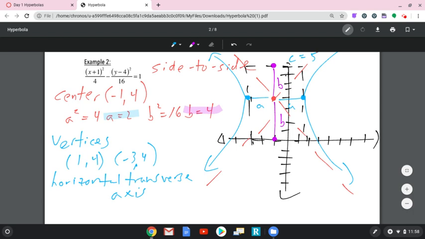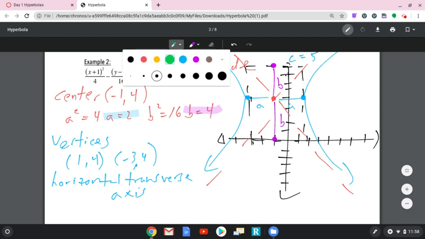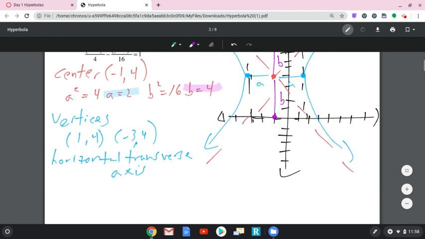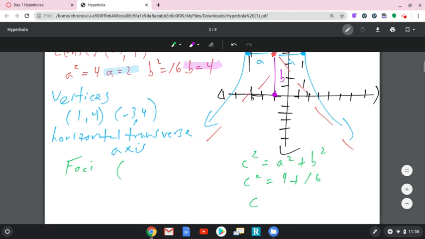Now, the only point I have left to identify is my foci. So now if I want to identify the foci, I have to find C. So remember, C squared is equivalent to A squared plus B squared. Well, that means C squared is equivalent to 4 plus 16. So C is the square root of 20, which can be reduced.